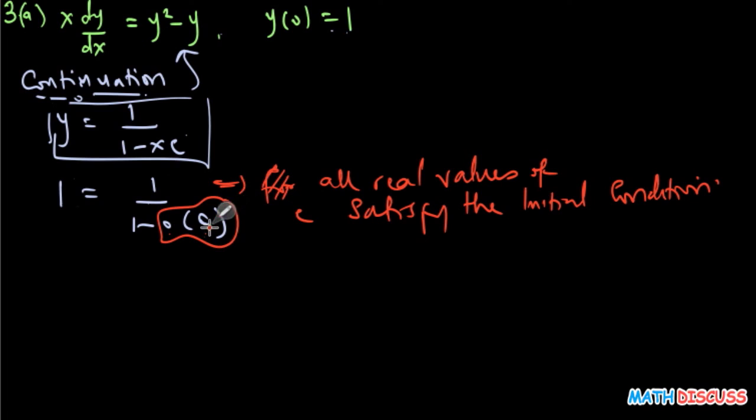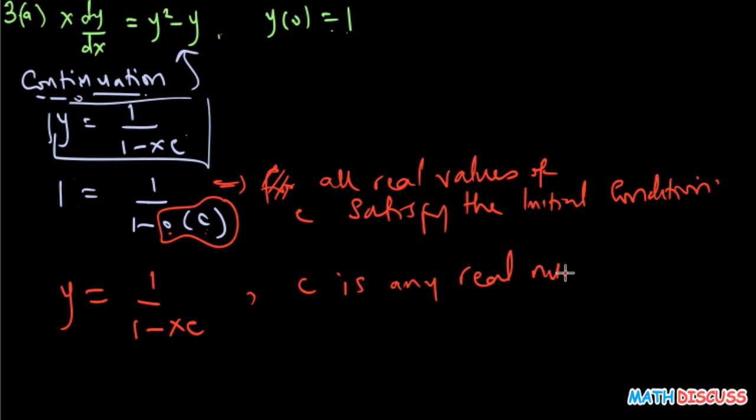Because any value of c you put here still gets multiplied by 0, and then it still satisfies the initial condition. So because of that, we have our general, or our particular solution. You can call it general solution. Anyway, this is going to be 1 over 1 minus cx, where c is any real number.